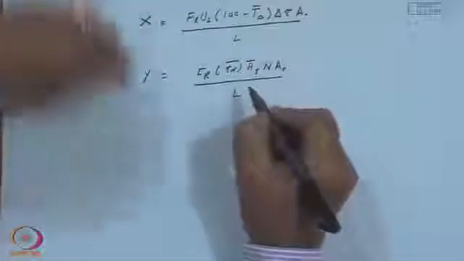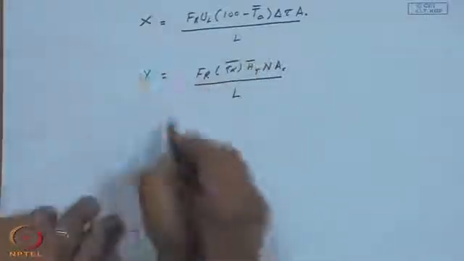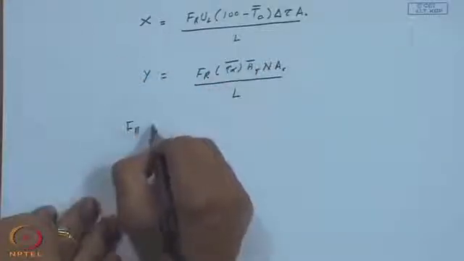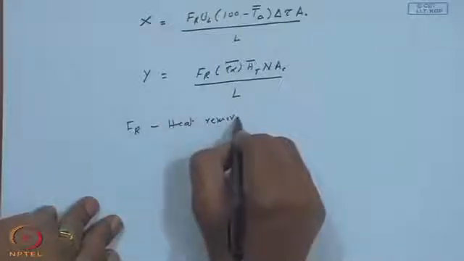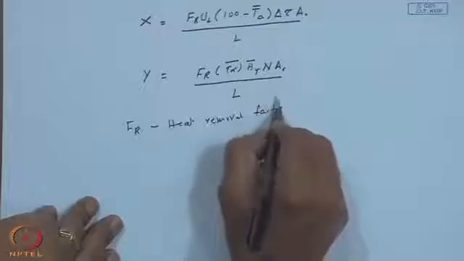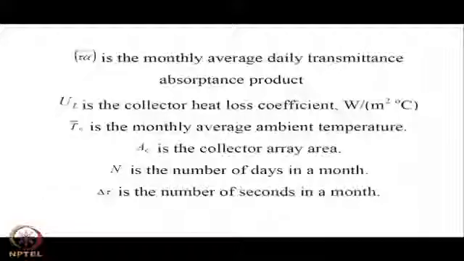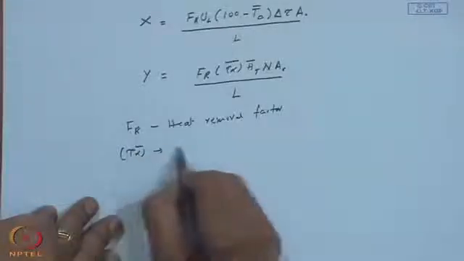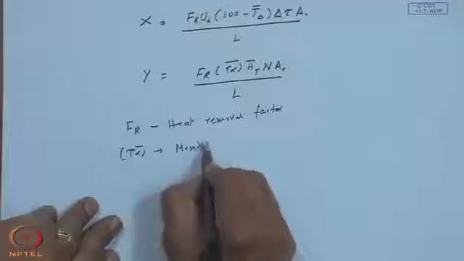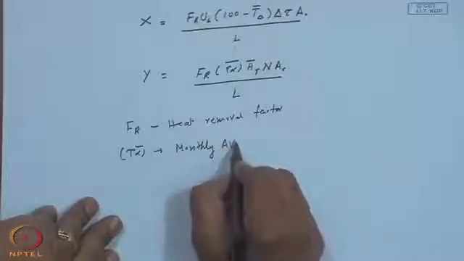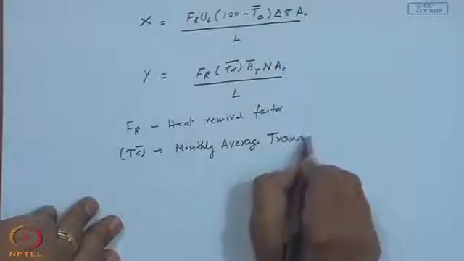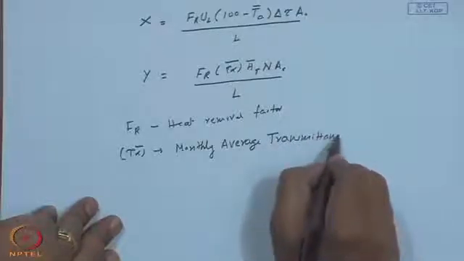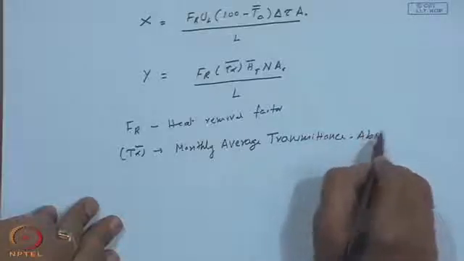Of course, FR is the heat removal factor, and tau alpha bar is the monthly average transmittance absorptance product.